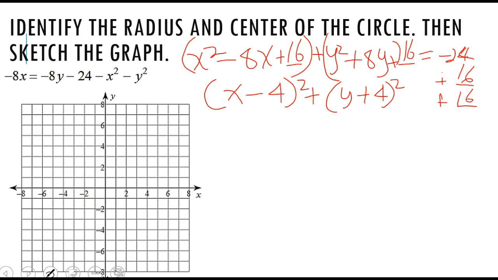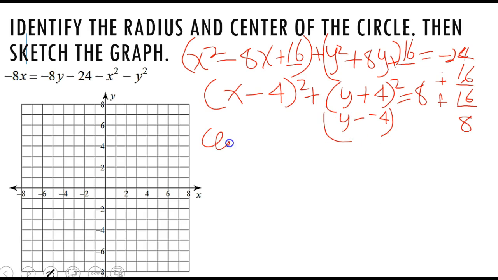what? We're going to get 8. Okay, so that's going to equal 8. And this is y minus negative 4, by the way.